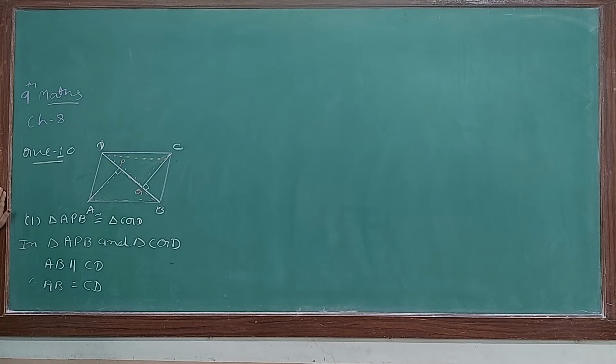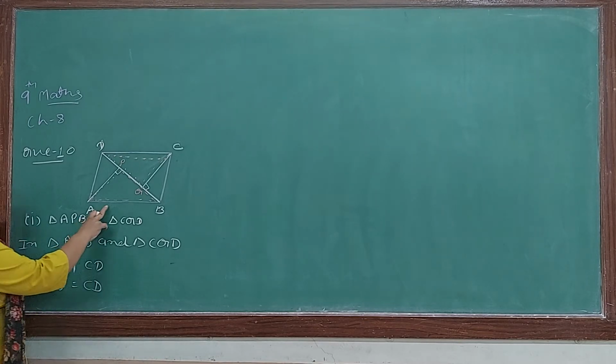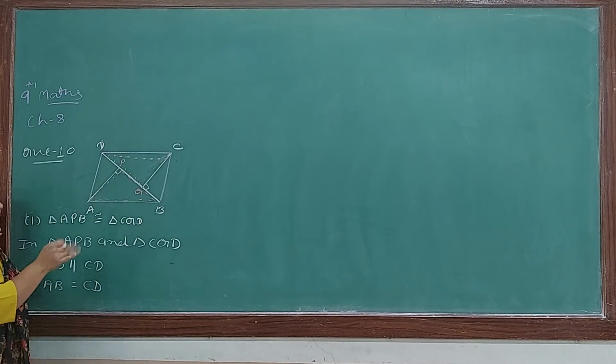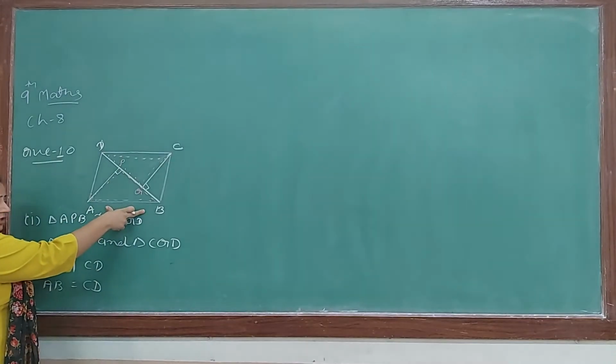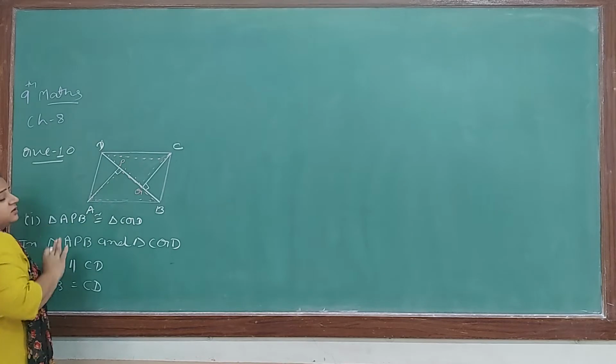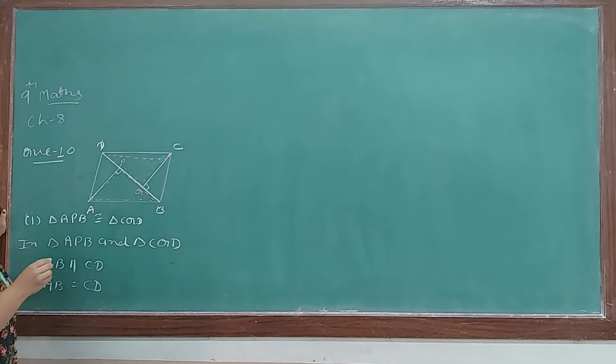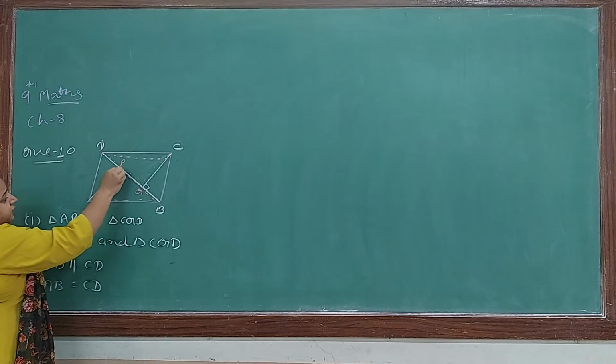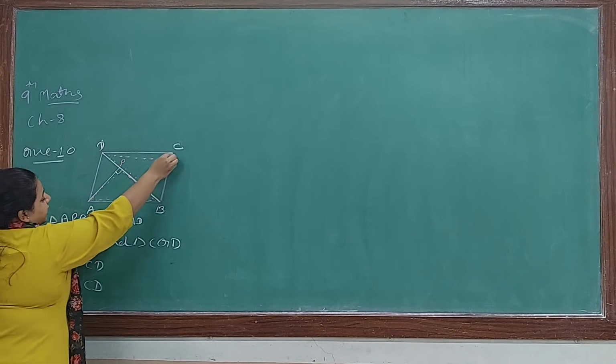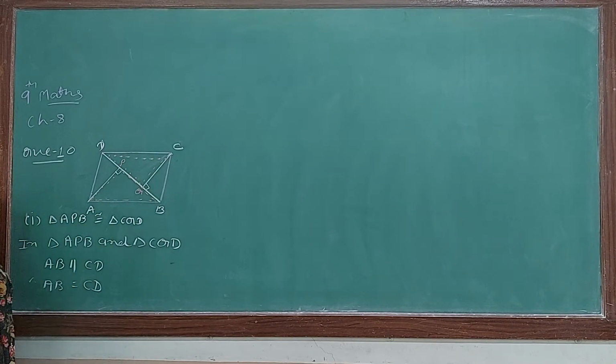Yes, then these are parallel, so they are equal. Now one side we prove that these sides of both the triangles are equal. Then this side we have to prove, and this side we have to prove they are equal.